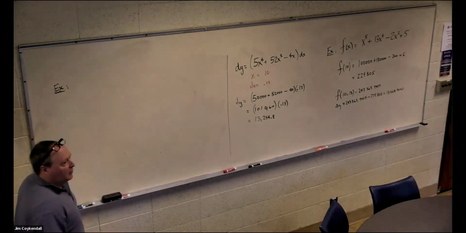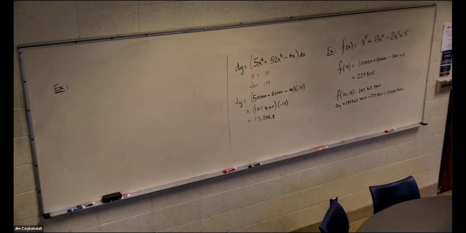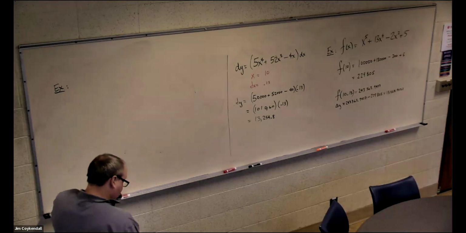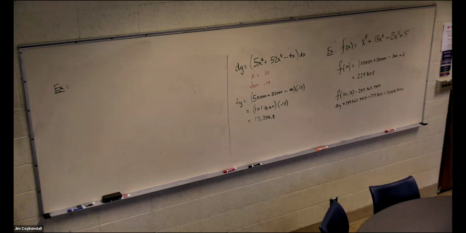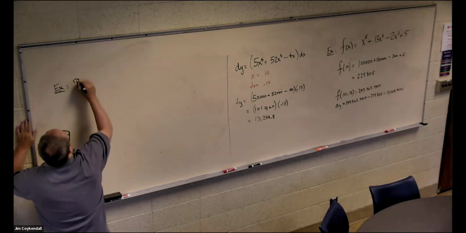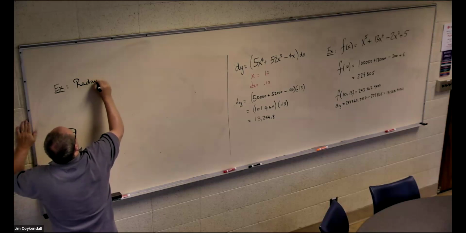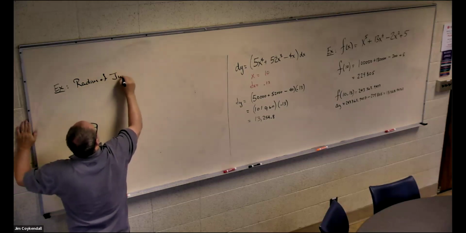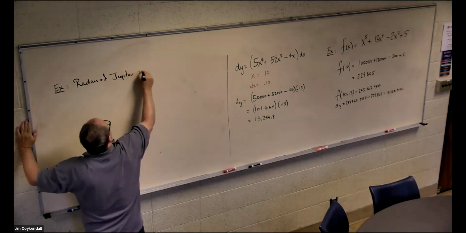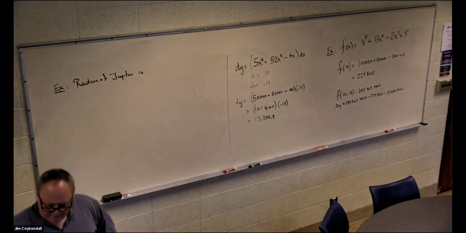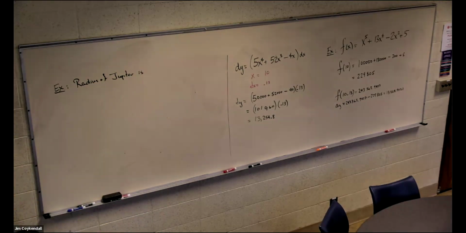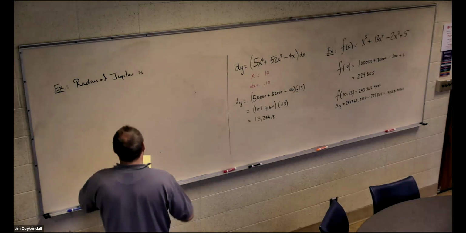I looked this up before class today. I'm a curious fellow. The radius of Jupiter is 43,441 miles.